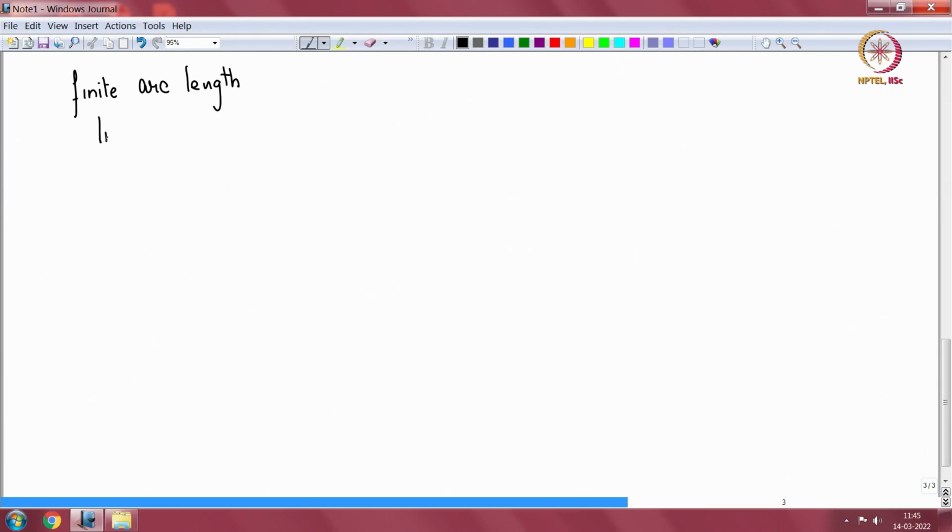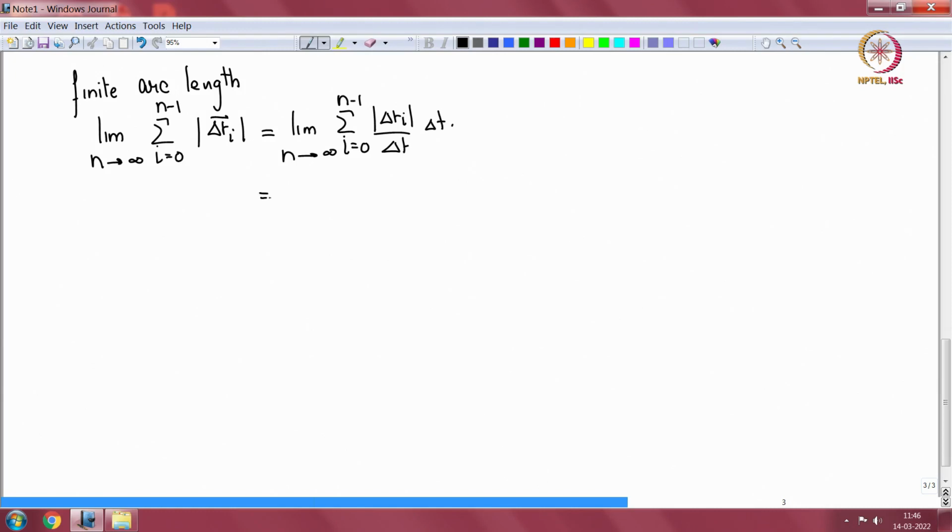what we do is limit n tends to infinity summation, let us say i goes from 0 to n minus 1, delta r i magnitude, which is equal to limit n tending to infinity summation over i 0 to n minus 1 magnitude, which is equal to finally integral a to b, magnitude of r dot of t dt.